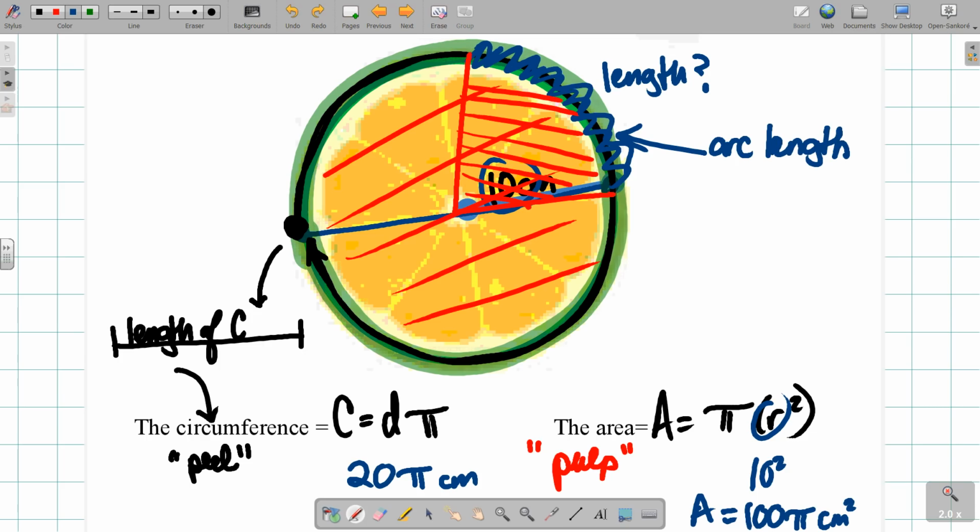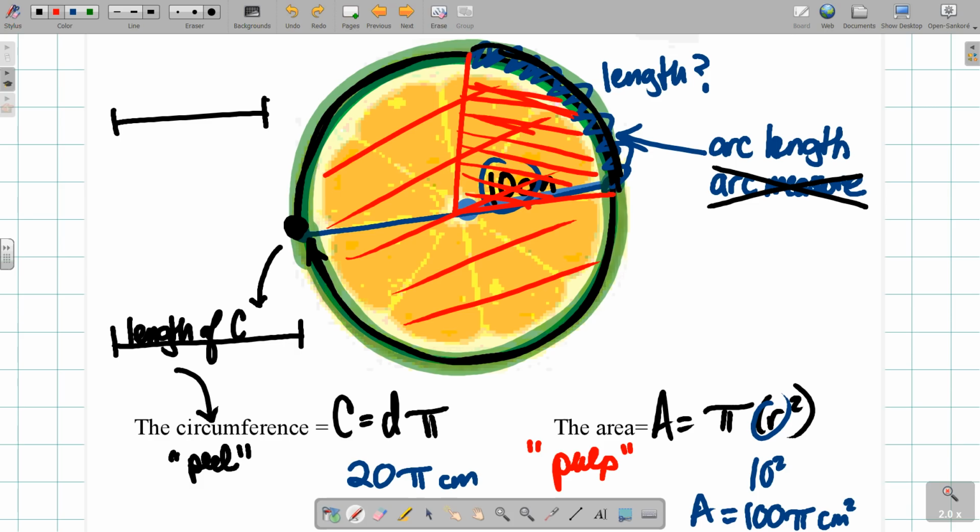Now, that is not the same thing as arc measure. Arc length and arc measure are not the same thing. Length would be this actual peel that I could flatten and find the length of. Arc measure would be like the degree curvature. So arc length is not the same thing as arc measure.